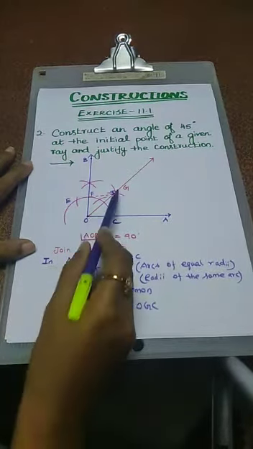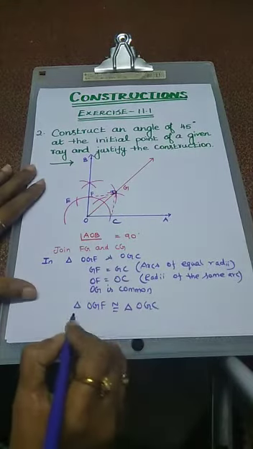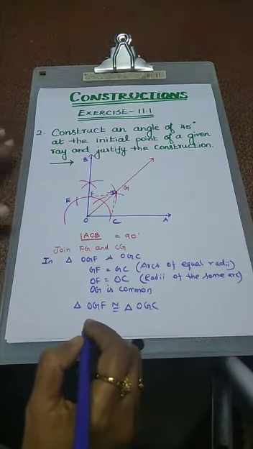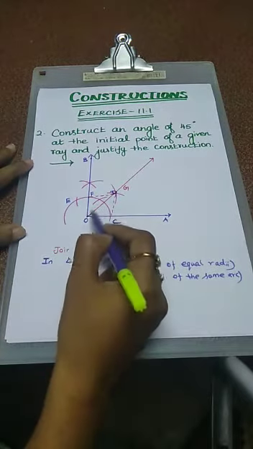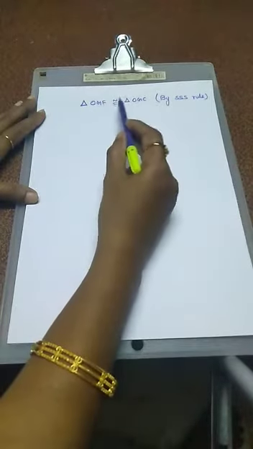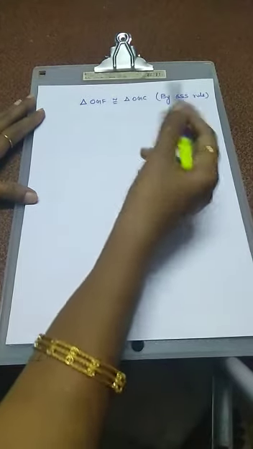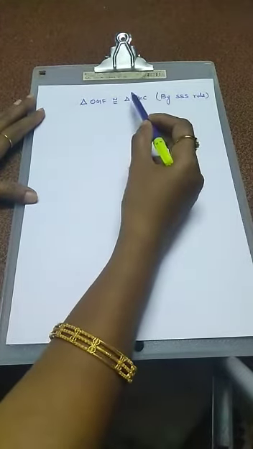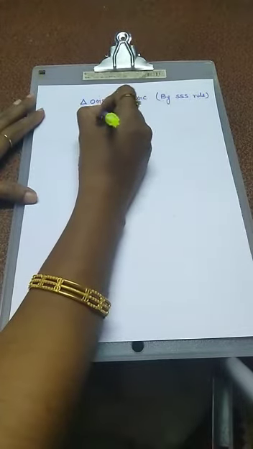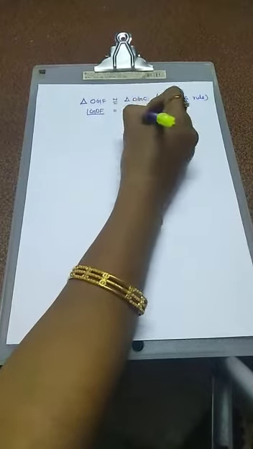Triangle OGF is congruent to OGC by SSS congruence rule. These two triangles are congruent. Now we apply the CPCT condition. So by CPCT, angle GOF equal to angle GOC.